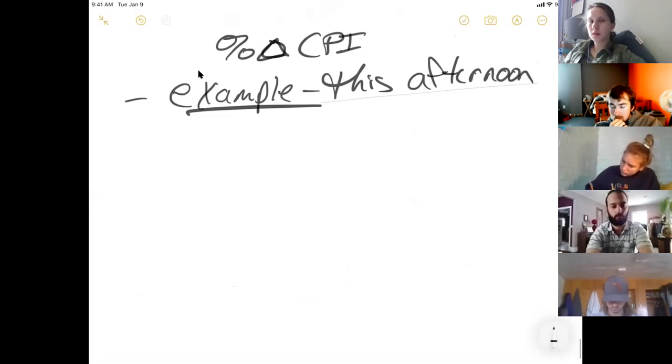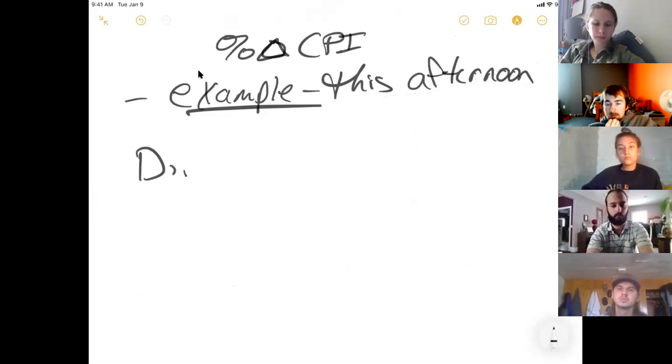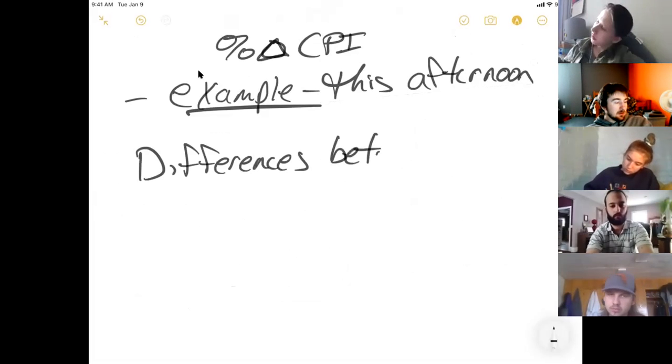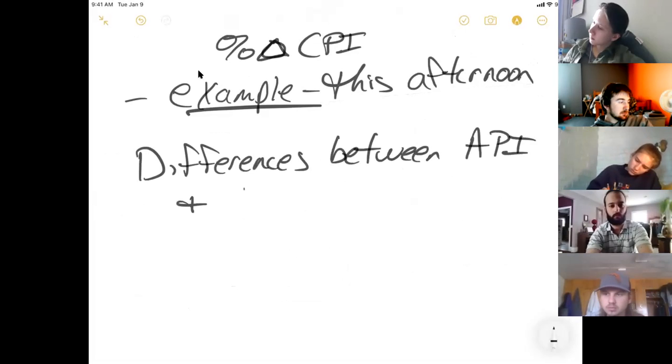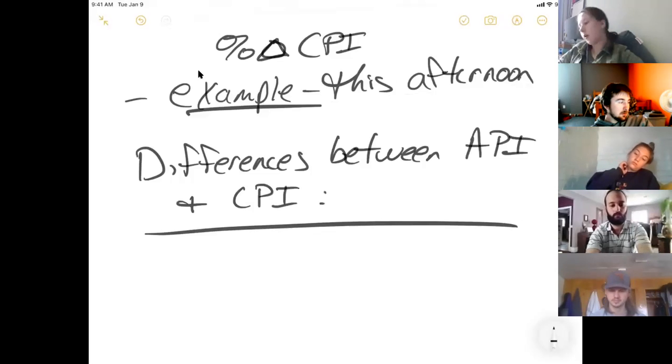So let's back up here and talk about what are the differences between the aggregate price index and the consumer price index, just to make sure that we understand what the differences between these are.